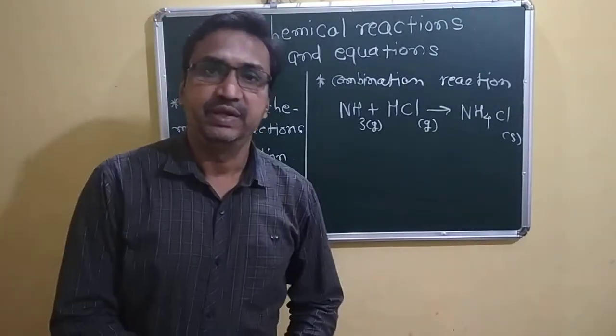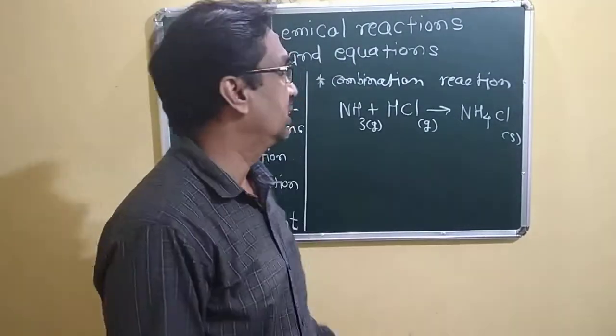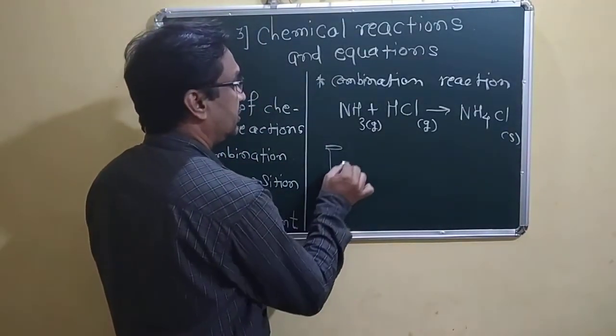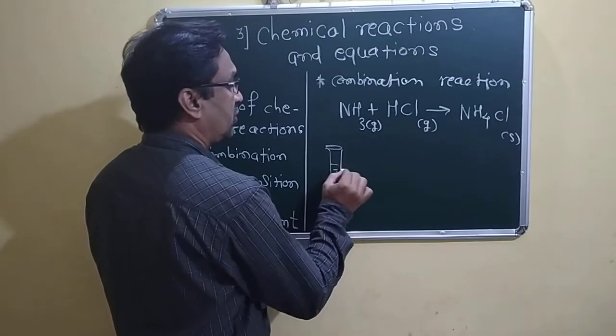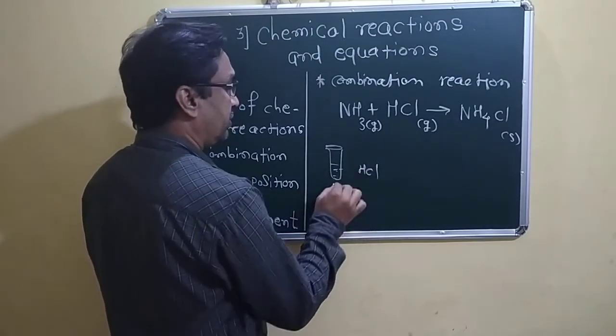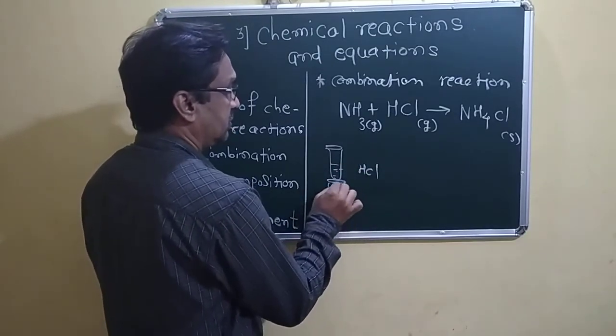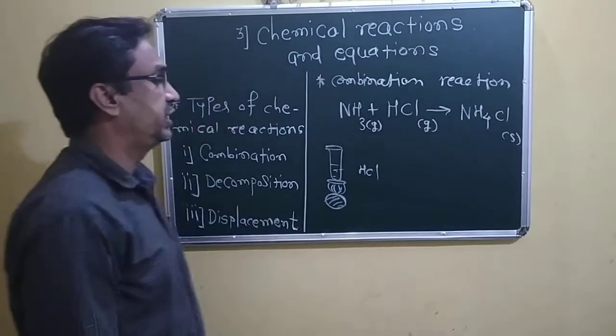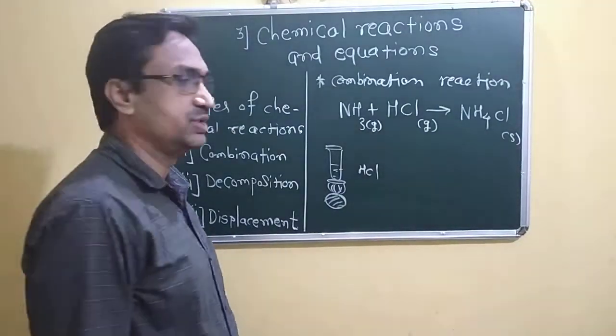They have given the activity there. In a test tube we have to take some HCl and heat it using a Bunsen burner.